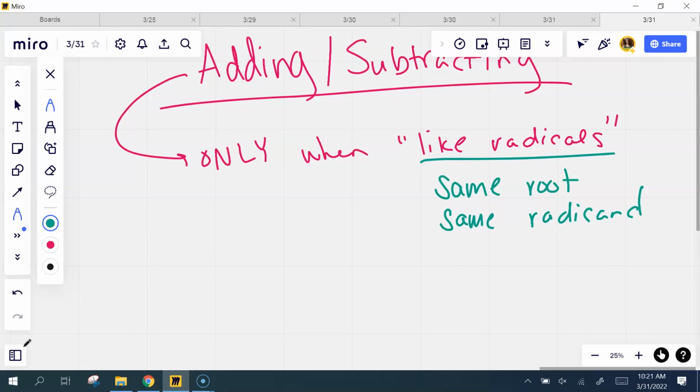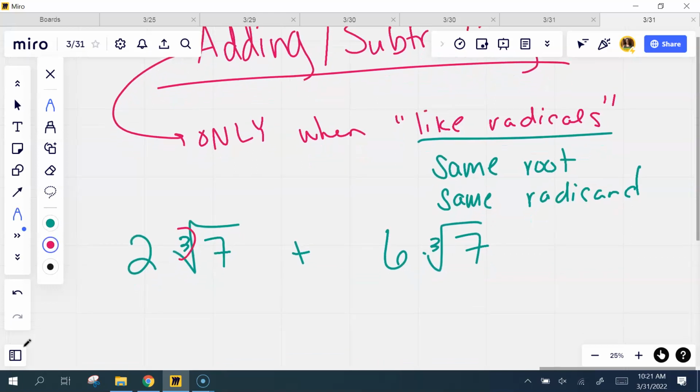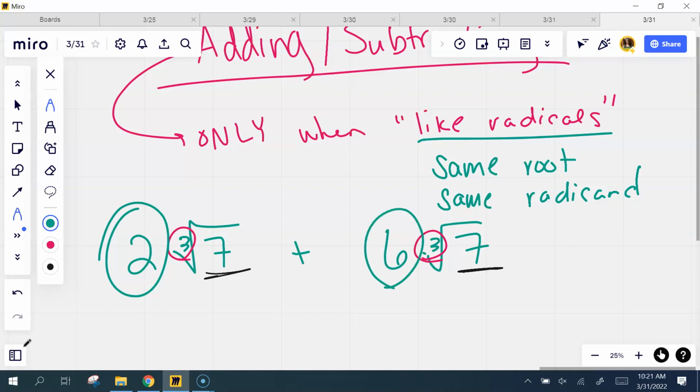So if you look at something like 2 times the third root of 7, and I want to add it to 6 times the cube root of 7. I shouldn't do all these 7s. These are like radicals because they have the same root and the same radicand. What's different are these values out in front, which are the coefficients.